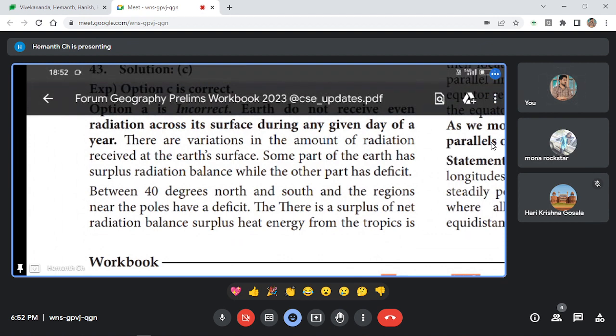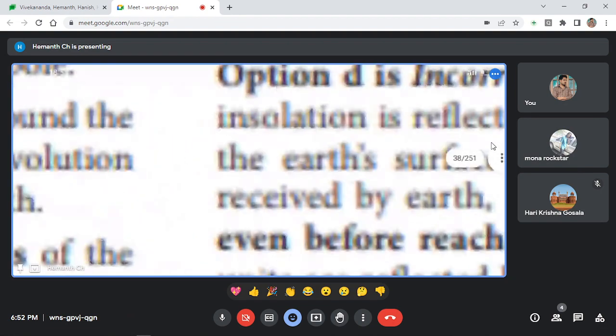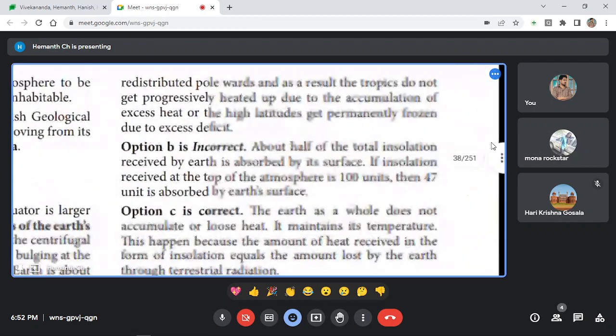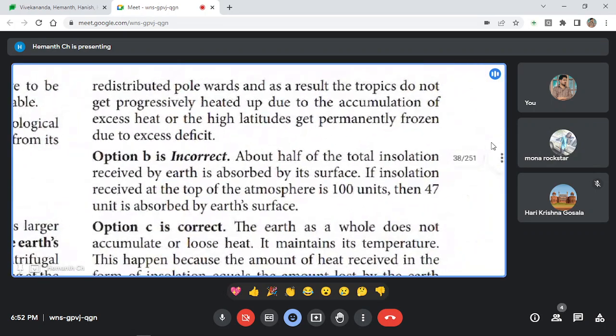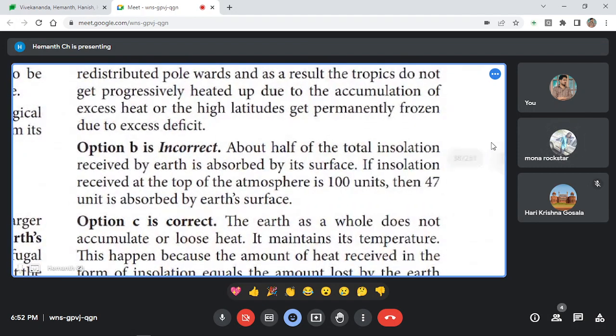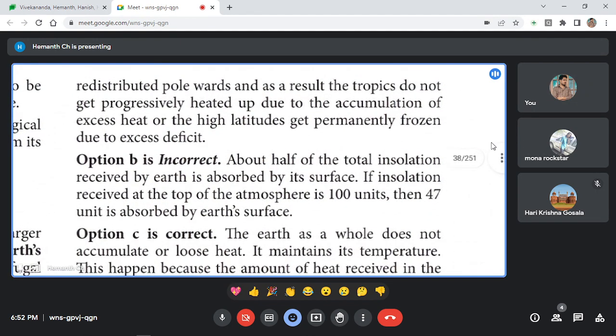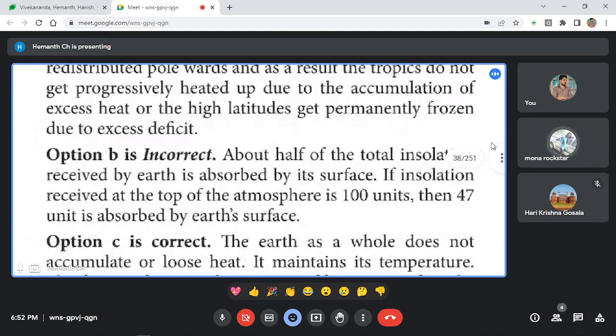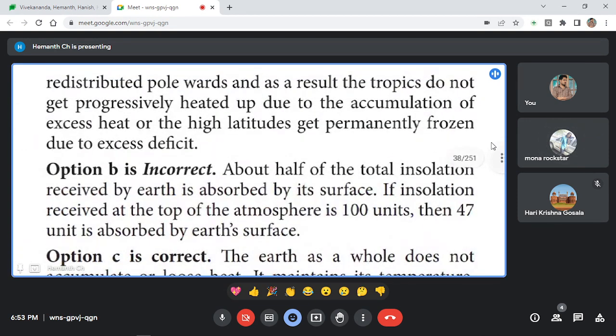There is a surplus of net radiation balance in the tropics, and surplus heat energy is redistributed poleward. As a result, the tropics do not get progressively heated up due to accumulation of excess heat, nor do higher latitudes get permanently frozen due to the deficit.